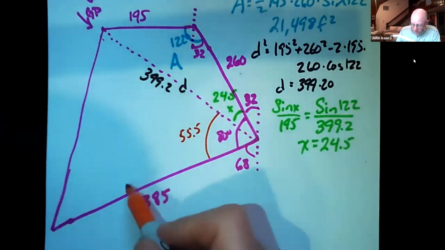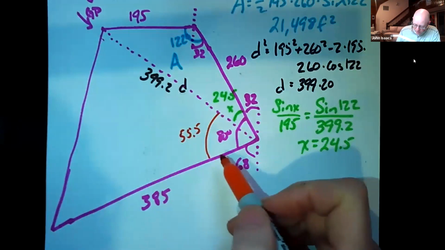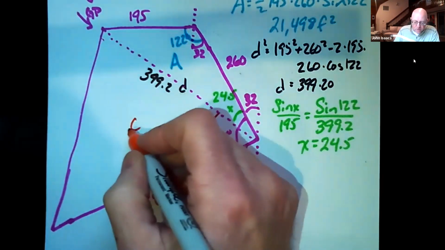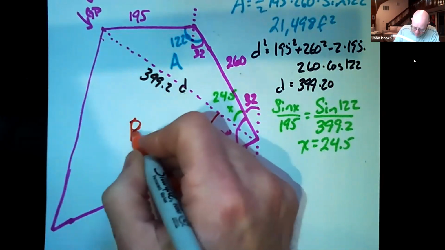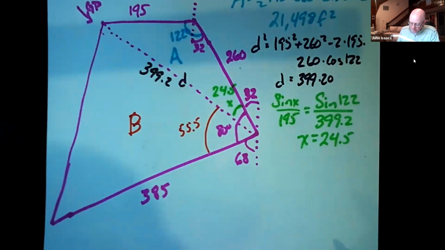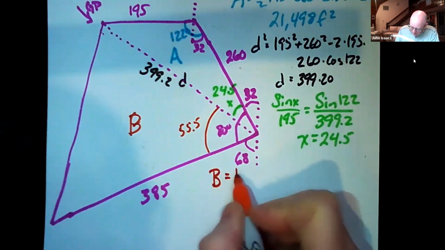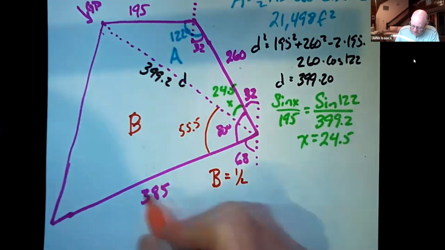And then we can do, well, not law of cosines, but the area formula on this other triangle, which I'm going to call B. So area B is equal to 1/2 of the two sides that we have.